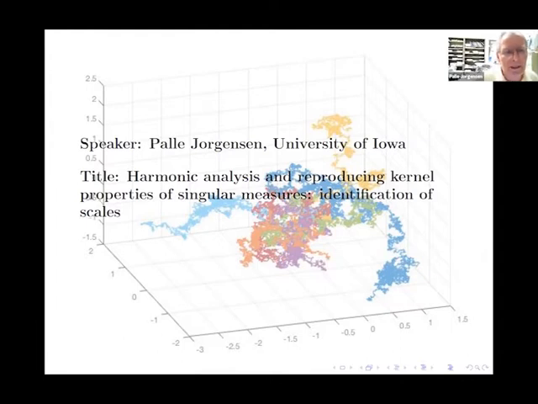In other words, the desire to create Fourier expansions in L2 spaces for a class of measures that have self-similarity or have some other properties that are consistent with the structure of singular measures like this.